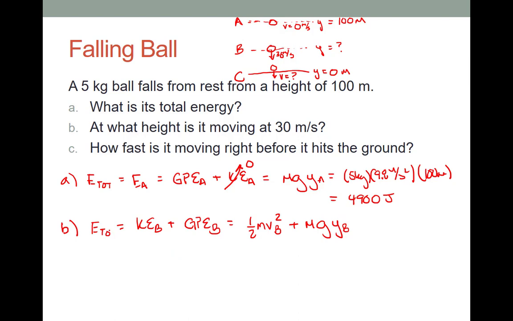Our total energy we just found. This has to equal 4,900 joules.